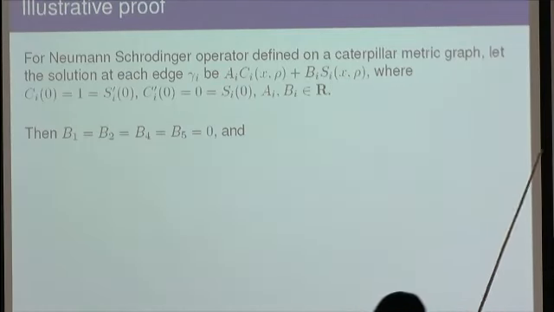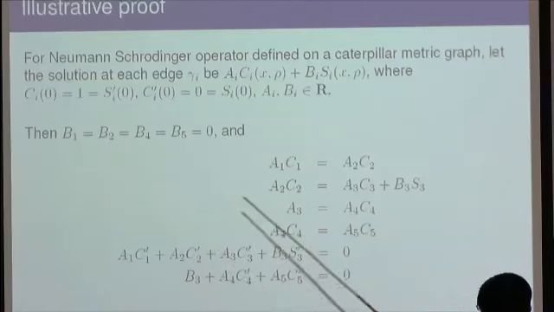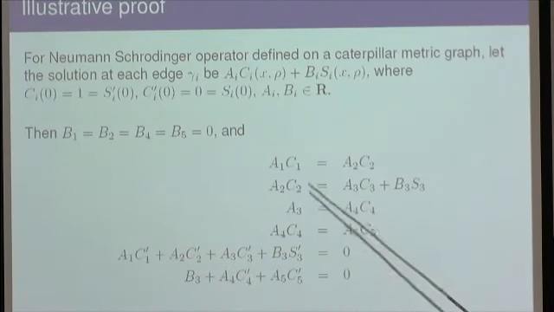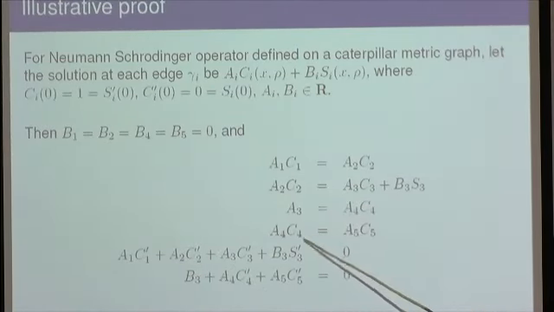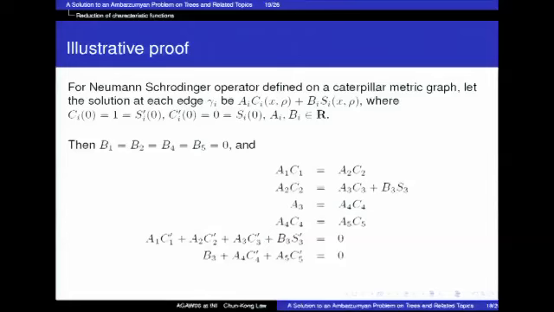And so considering the continuity conditions, and this is the Kirchhoff condition, we can make it up into a matrix, which we call the characteristic matrix.